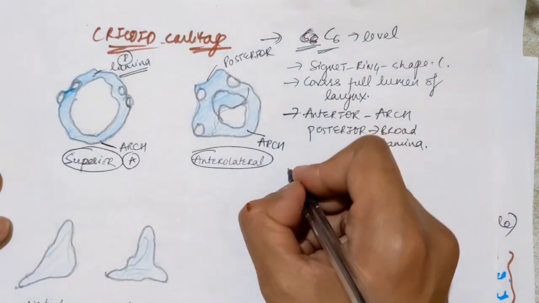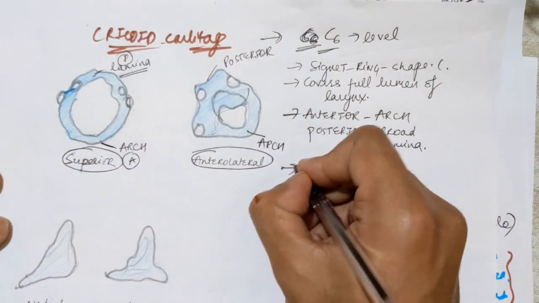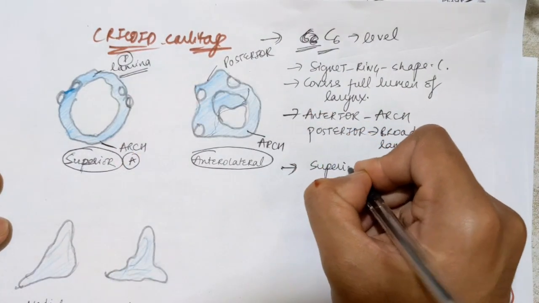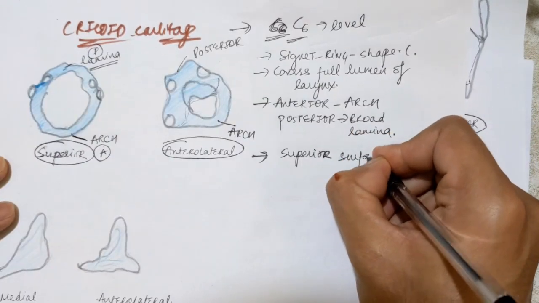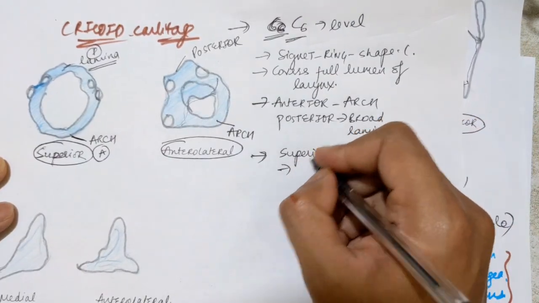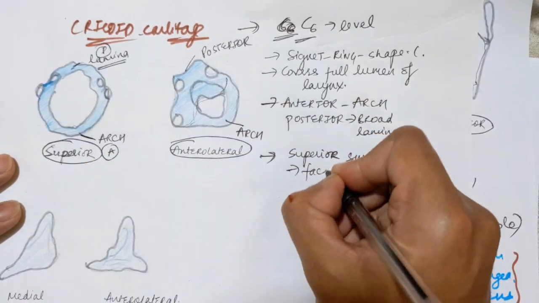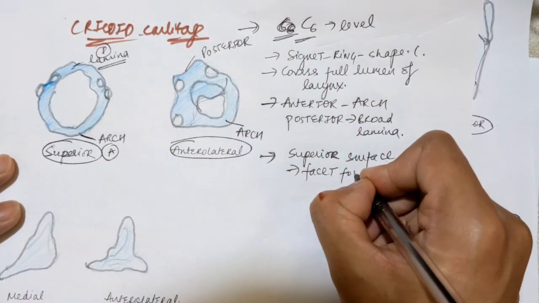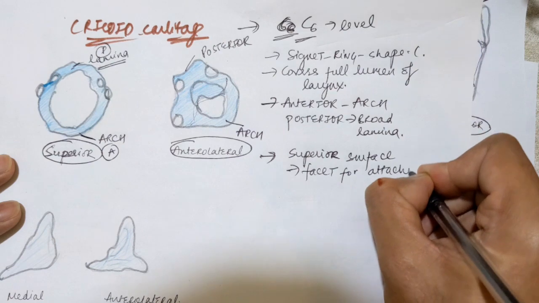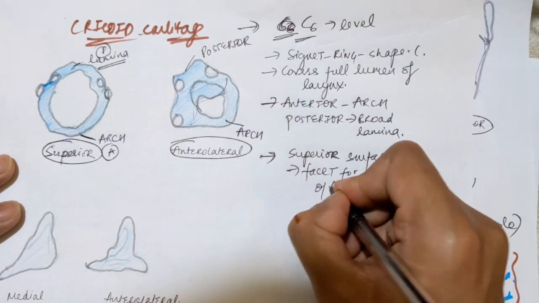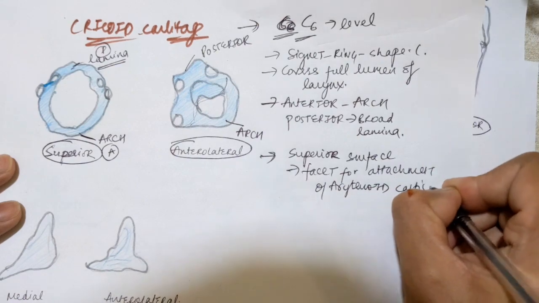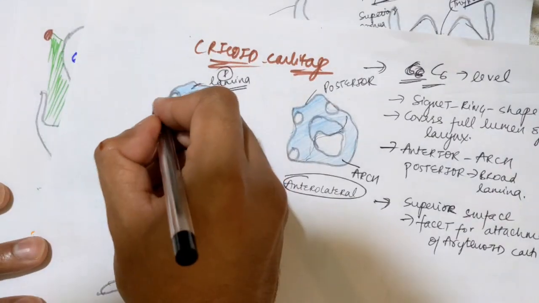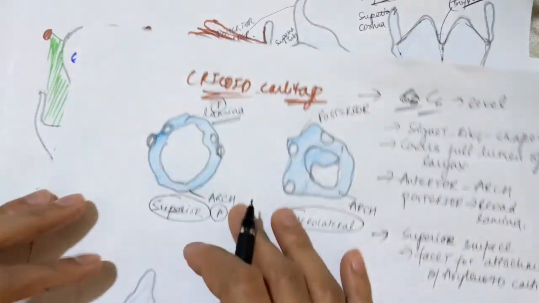Now there are facets present on the superior surface, upper border or lateral border, for attachment of the arytenoid cartilage. I'm showing it to you here. You can see these parts superiorly.